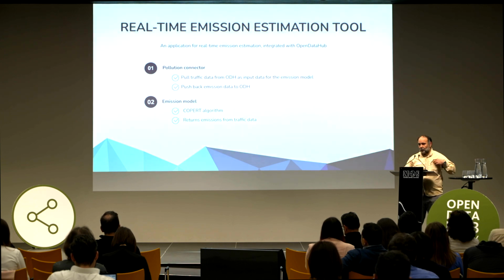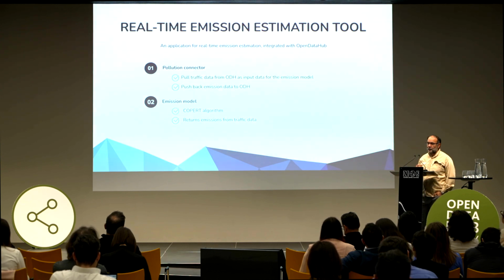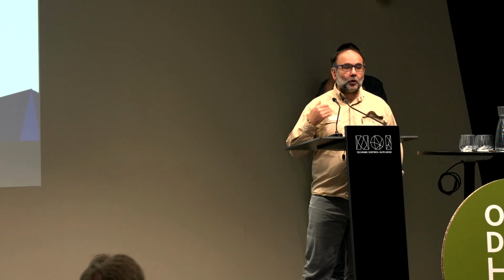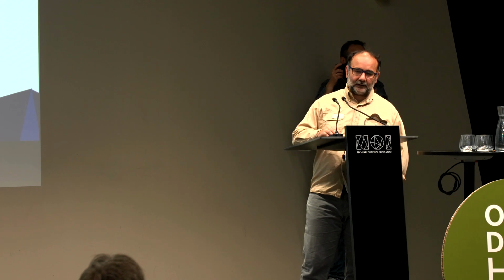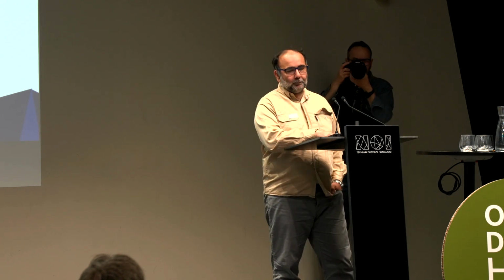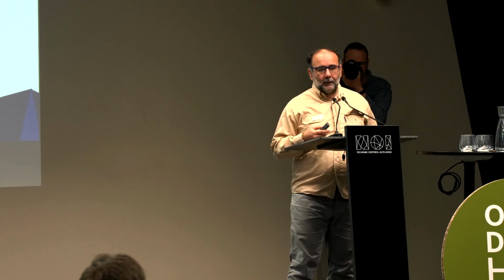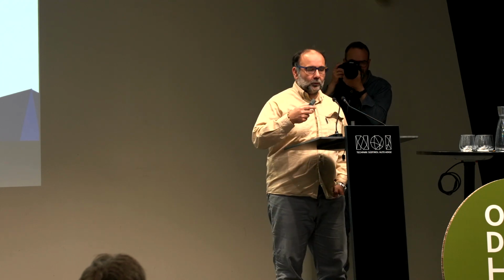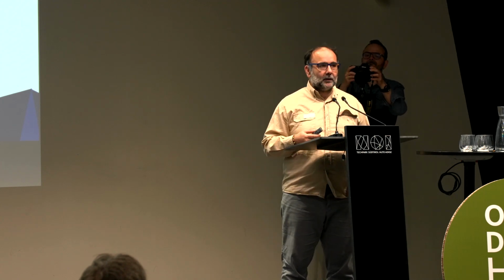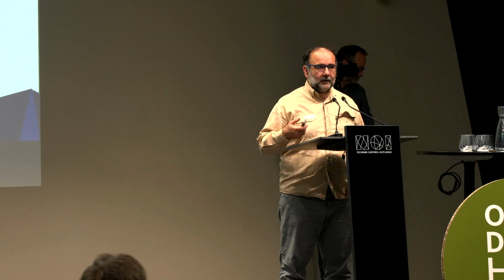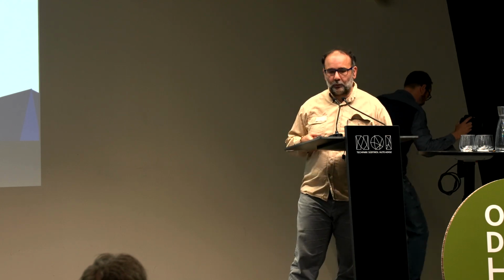All the system was based on two main components. The first one is called the pollution connector, which takes all the traffic data which already are in the open data system and then pushes back the results as a value-add information back to the open data, so they are available to data consumers.